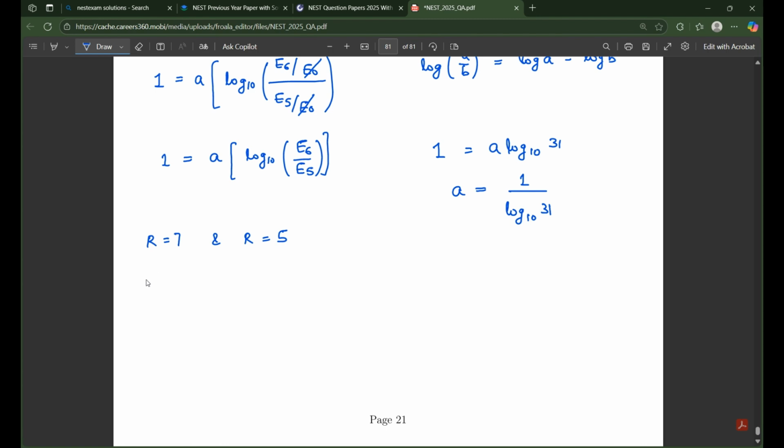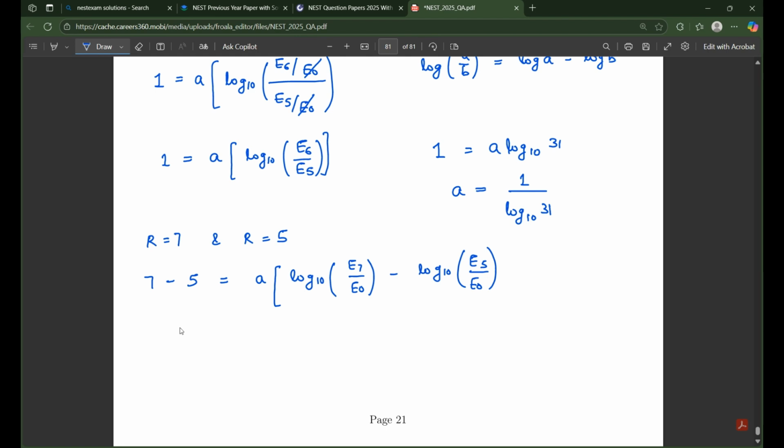So now similarly subtracting the equations, you get 7 minus 5 is equal to A times log 10 E7 by E naught, the first term, minus log 10 E5 by E naught.